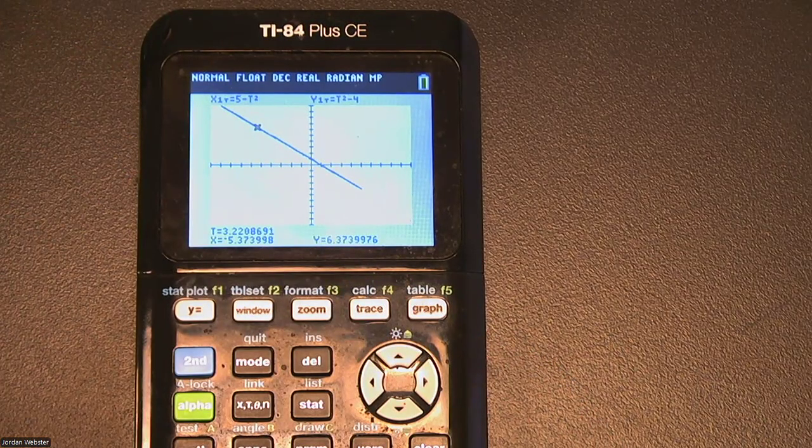So when t is negative, the orientation is down and to the right. When t is positive, it's up and to the left. Everybody right with that?